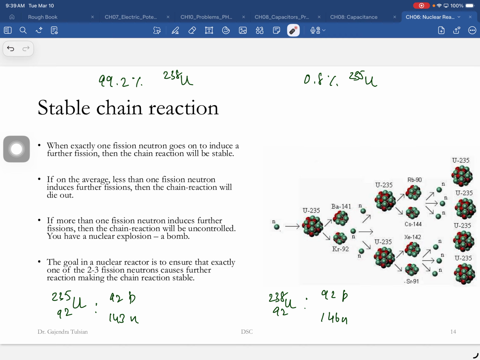Why does it split into two rather than just decaying by beta or alpha? When the nucleus absorbs the neutron, there's a strong binding force, and it releases about 8 MeV of energy, and that energy makes it split.